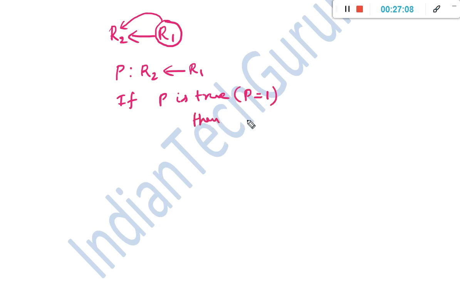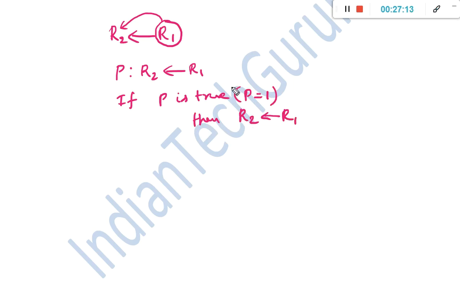For example, I may say P colon R2 assignment R1. What does it mean? It means that if P is true, and true is generally represented with 1, that is, if P is equal to 1, then perform the operation R2 assignment R1.